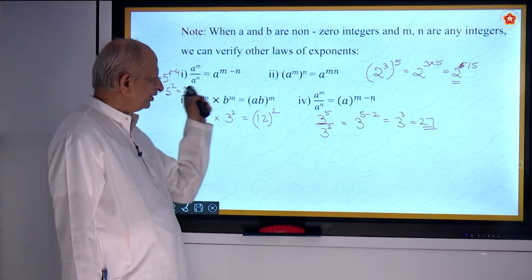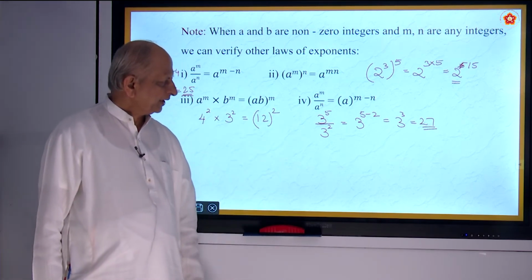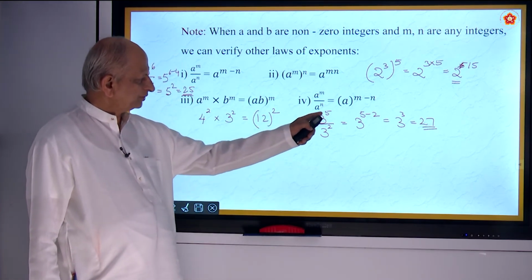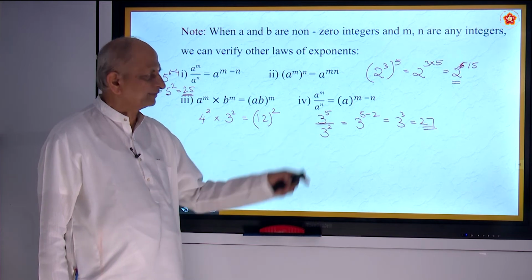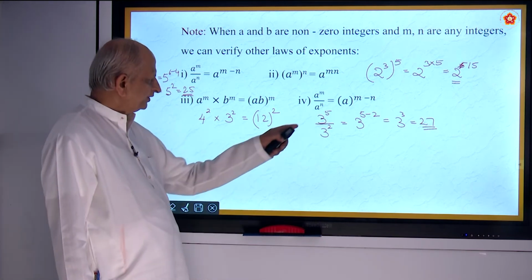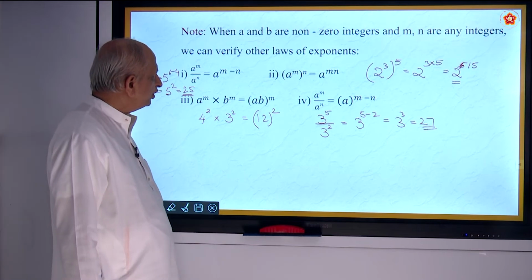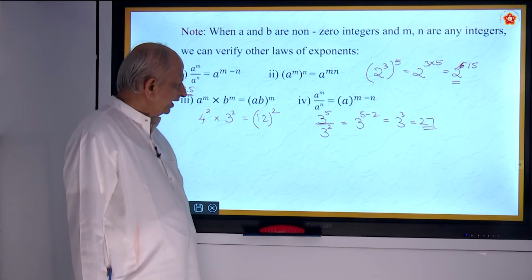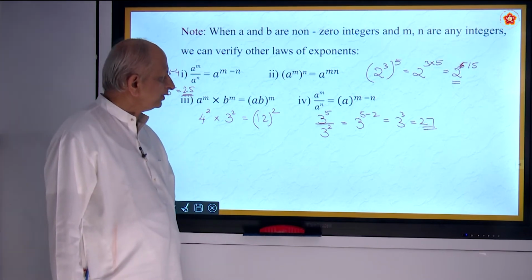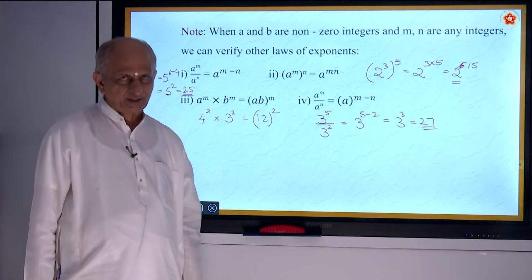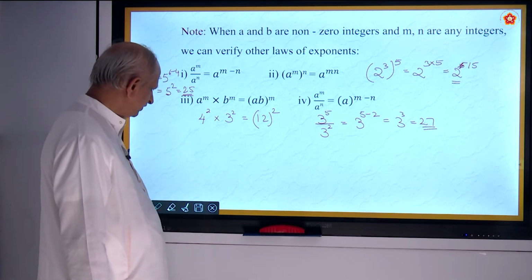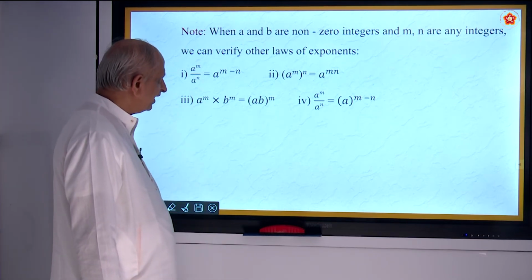So these are the laws you have studied earlier. Here again and again you must know this m and n should be integers, and a should be non-zero, a and b should be non-zero integers. Okay, that's the laws we have seen in the previous class.